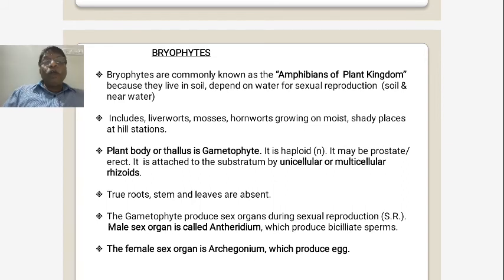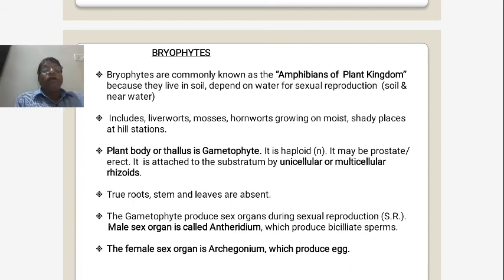Instead of roots, we come across what is known as rhizoids. The stem and the leaves are also absent. A primitive type of leaves are present in mosses. But in the plant Riccia, for example, Marchantia, the plant body is thalloid or thallus-like.